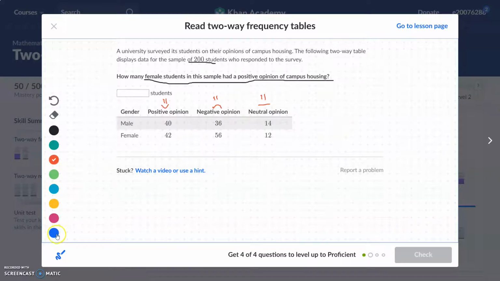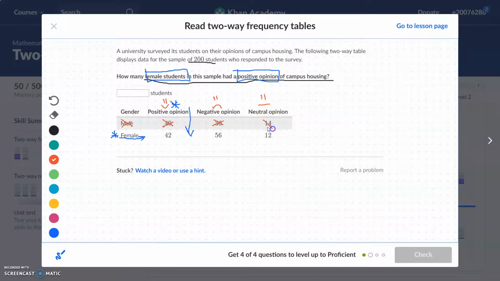So the question specifically asks for female students only, right? So only female, and positive opinions. This is two pieces of information. We want female students, so we want this row that had a positive opinion. So we want this column, okay? So what we don't want is anything with the male, right?